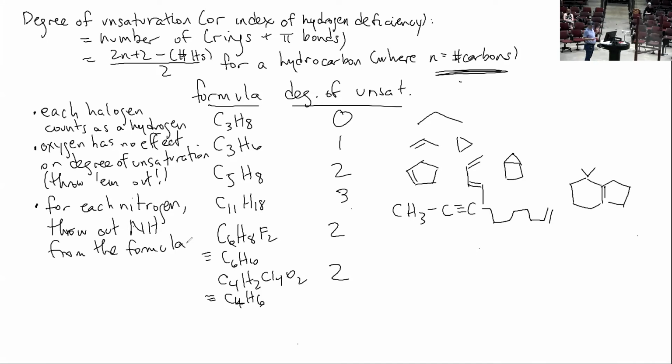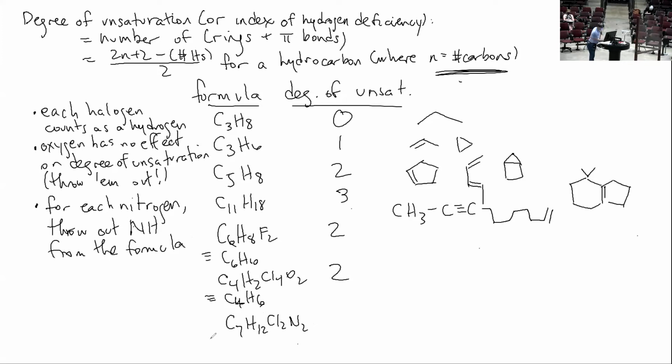But again, because nitrogen is 3 bonds to oxygen's 2, you can't just throw the nitrogen straight out. Each nitrogen is to take a hydrogen with it when you throw it out. And then you'll get an equivalent formula. So for instance, if we had, let's say, C7H12Cl2N2, and it can have however many oxygens you want.